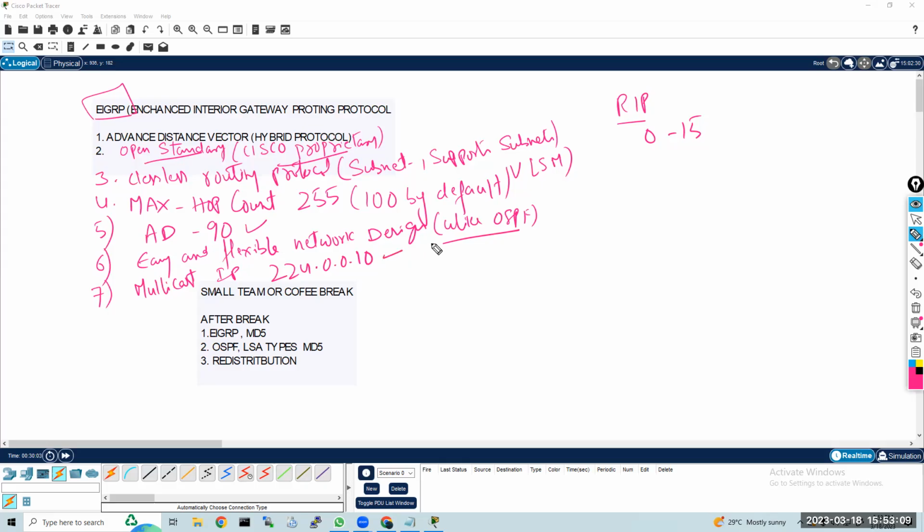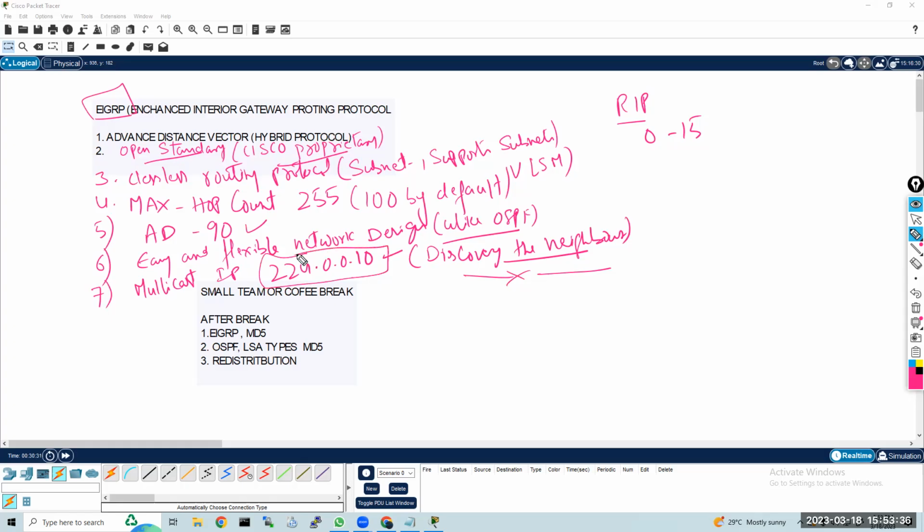This is my multicast IP. How will it discover its neighbor? Let me explain this.